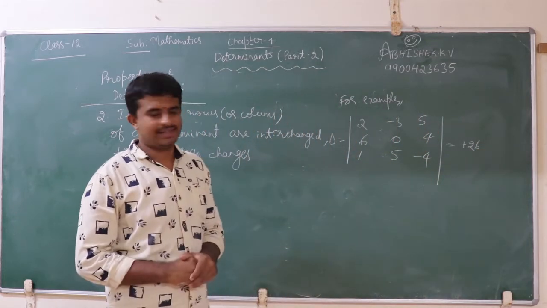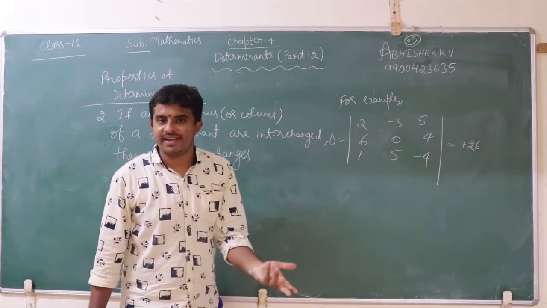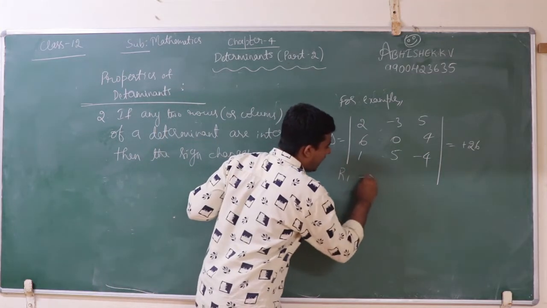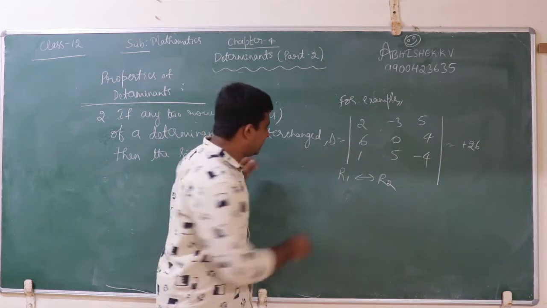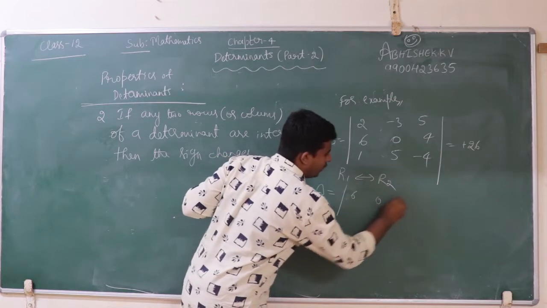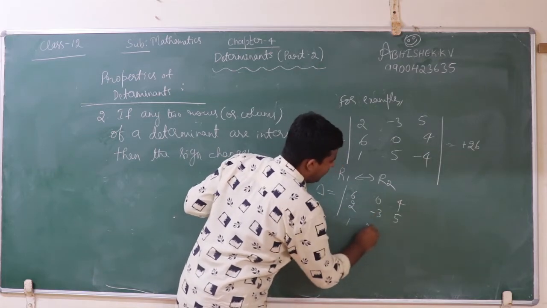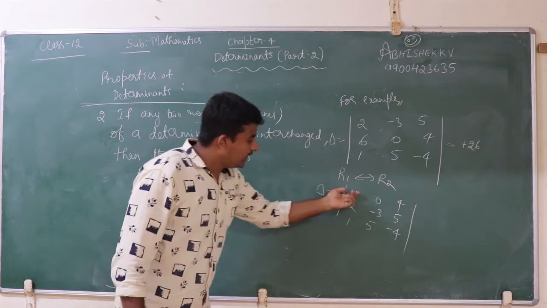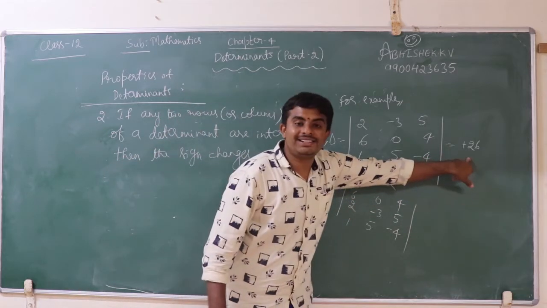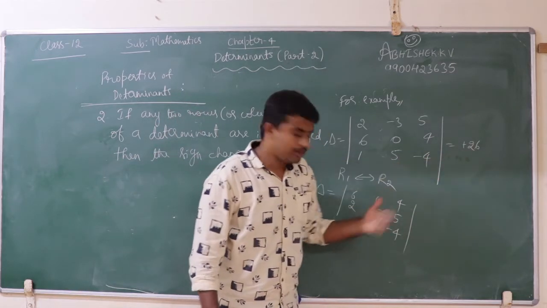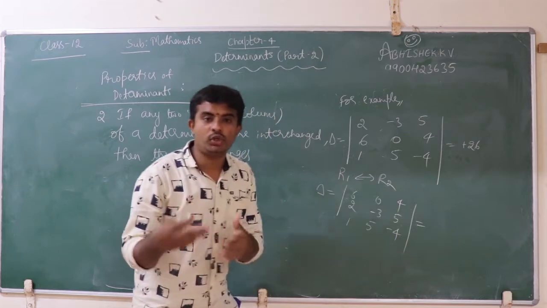Then the property says if any two rows or columns are interchanged, for example if I change R1 and R2, that is replace R1 by R2 and R2 by R1, that is 6 0 4, 2 minus 3 5, 1 5 minus 4. Here we changed two rows, so the value of the determinant changes its sign. It is plus 26. Now let us check whether it gives minus 26 or not. See, this is equal to, now I am going to expand.